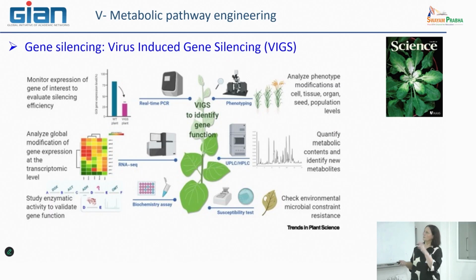To conclude, this is my last slide concerning this. You see that this particular technology, VIGS, can be adapted at different levels and combined with other techniques we have already seen. For example, we can monitor the expression of the gene before or after silencing.